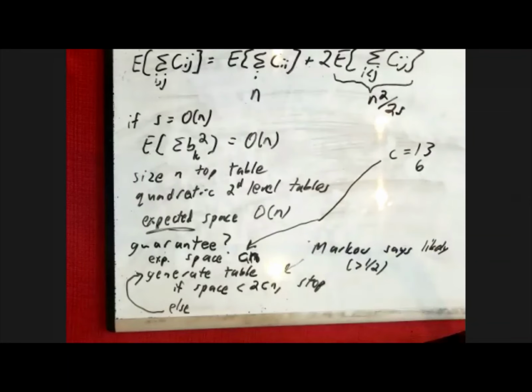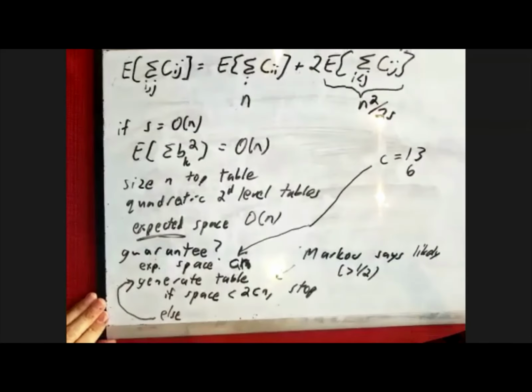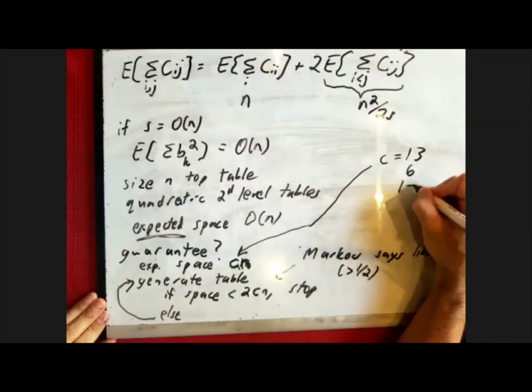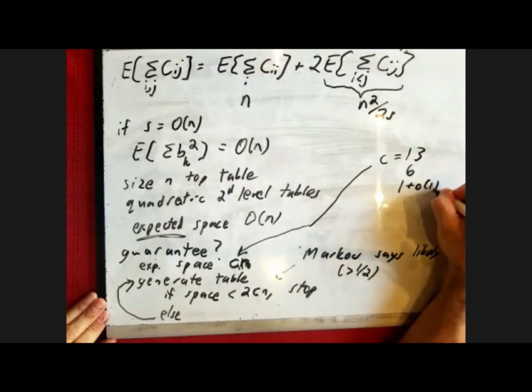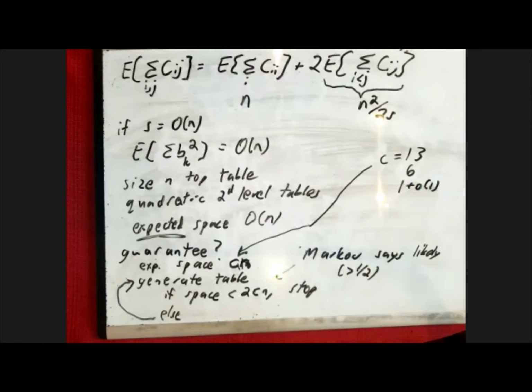In the Fredman-Komlos-Szemeredi paper, they actually get it down to 1 plus little o of 1 times N memory locations, which is kind of incredible. So the amount of space that you need for order 1 lookups is the same as the amount of space you need using just an array which you scan through every time to find the items.